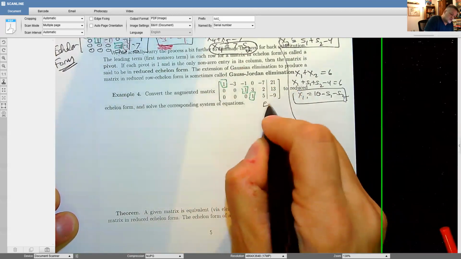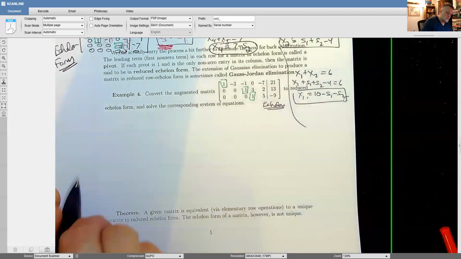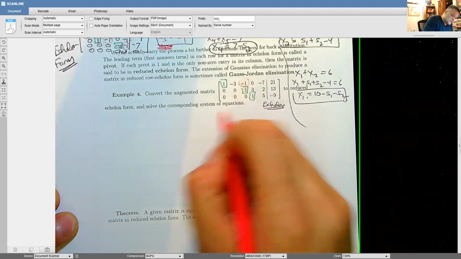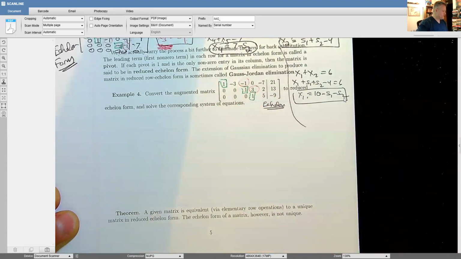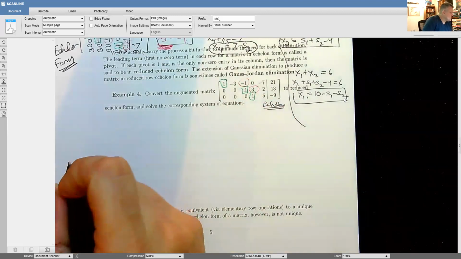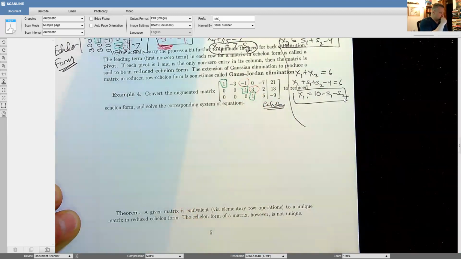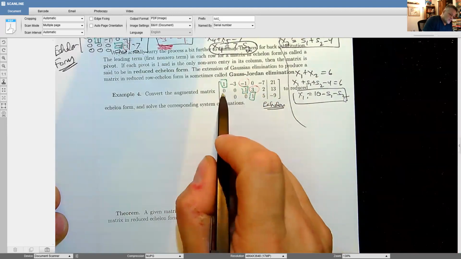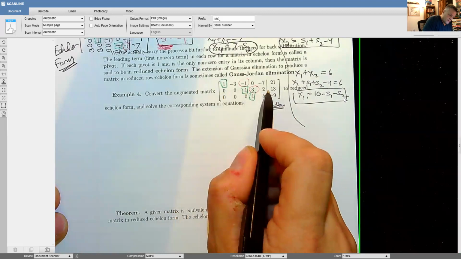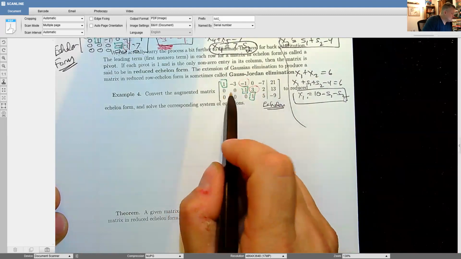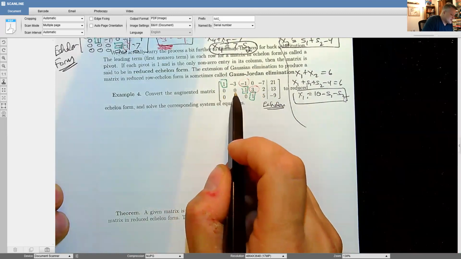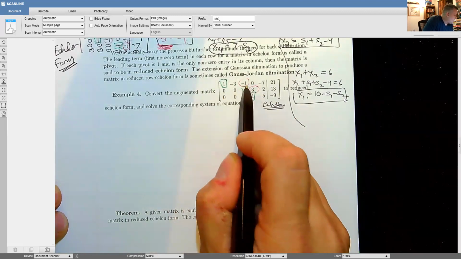So that is echelon form, but I want reduced echelon form, which means I want to make zeros there and there. And so initially to do that, what I could do, I want to replace row 2 by, basically, in order to get, let's see.